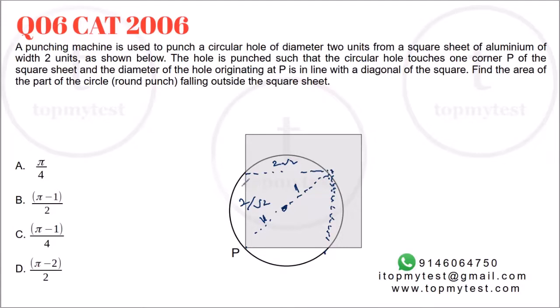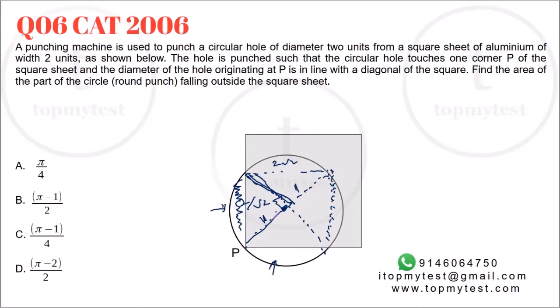So the area which is outside, if you take the sector of a circle, this segment is outside. This is 90 degrees, right? So what portion is outside? Twice of this segment is what we need to calculate.